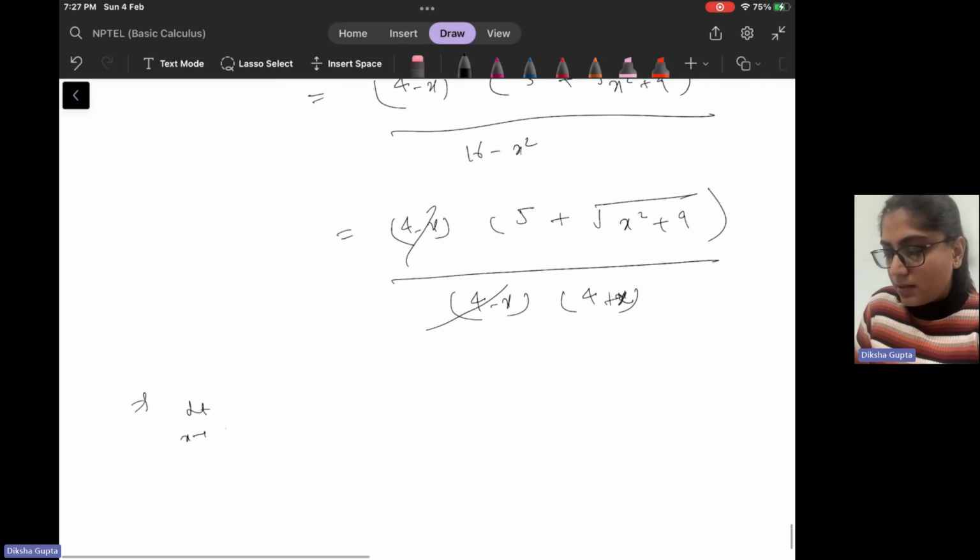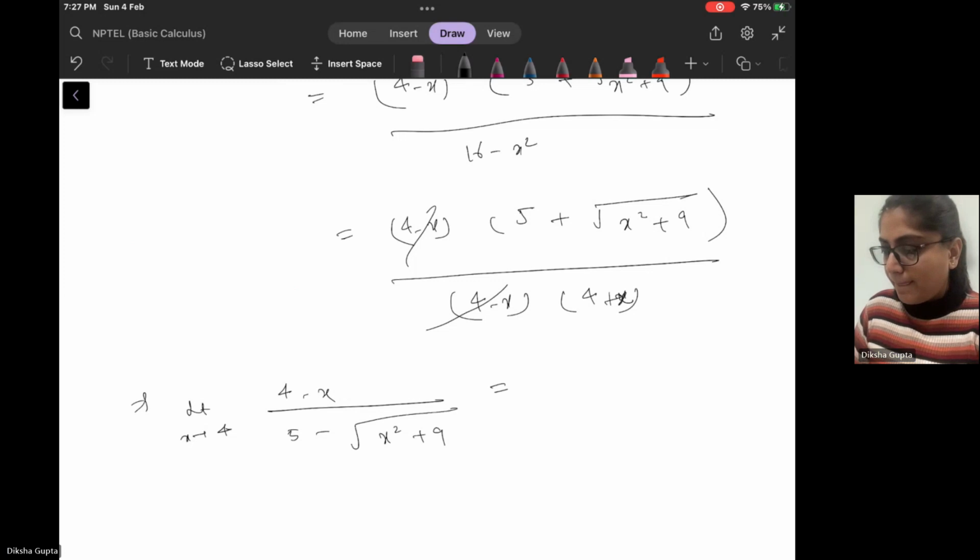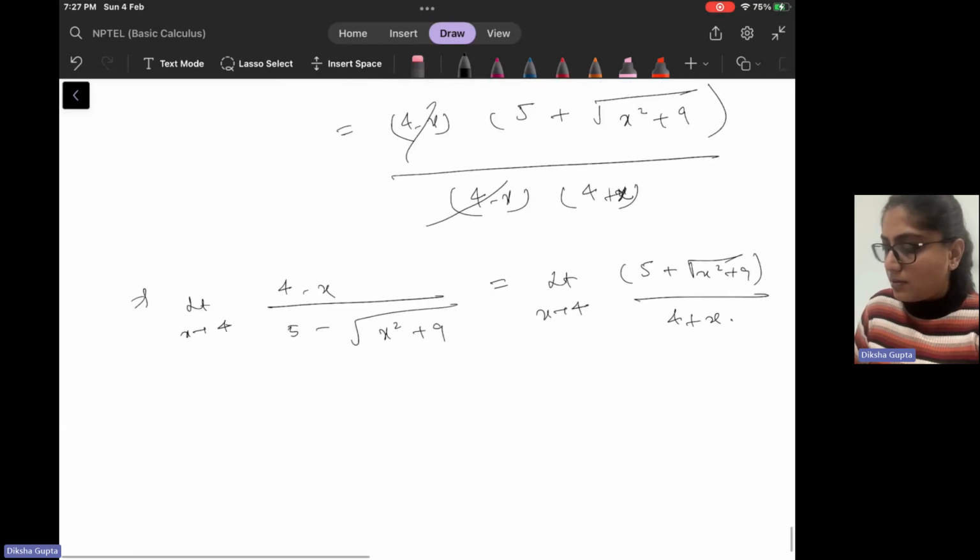So the limit x tending to 4 of (4 minus x) upon (5 minus square root of x square plus 9) is the limit x tending to 4 of (5 plus square root of x square plus 9) upon (4 plus x). You just have to put the value because everything is defined now.